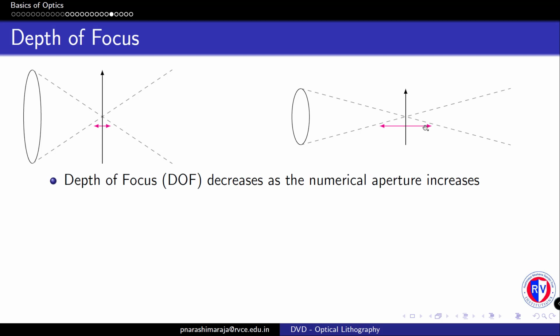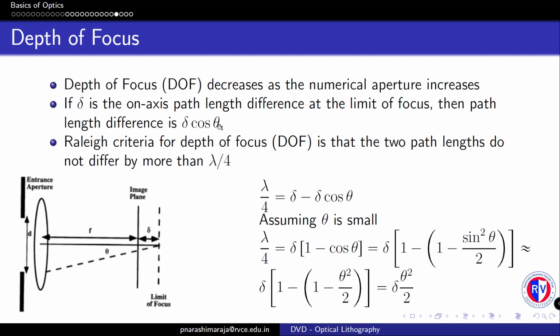So now let us try to derive this parameter in terms of numerical aperture as shown here. Based on this Rayleigh criterion that is shown here, one can relate the depth of focus parameter to the path difference.